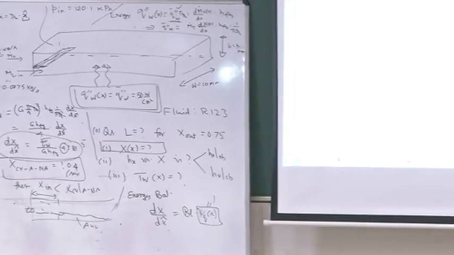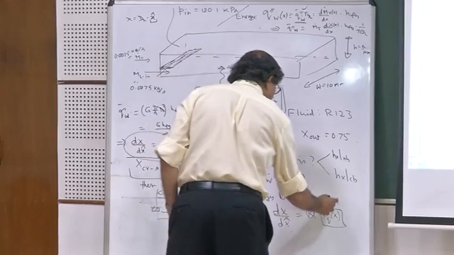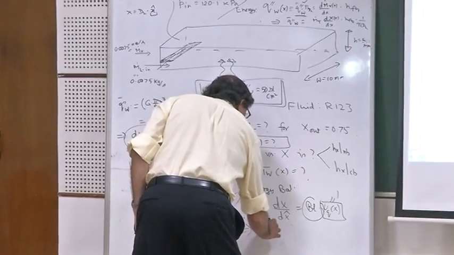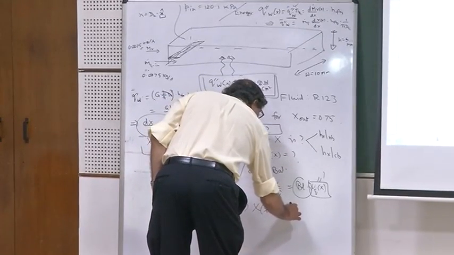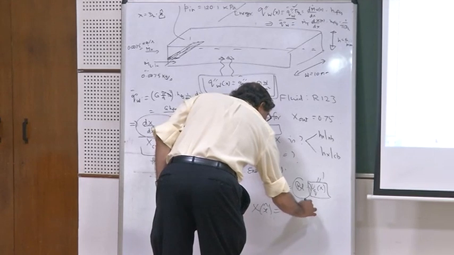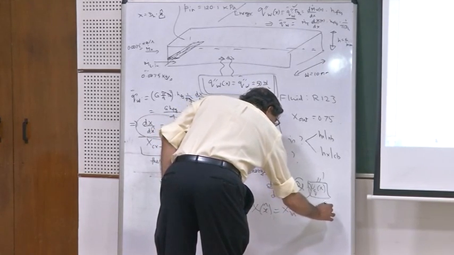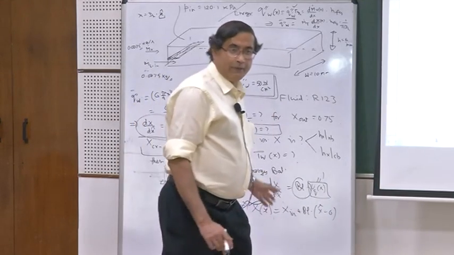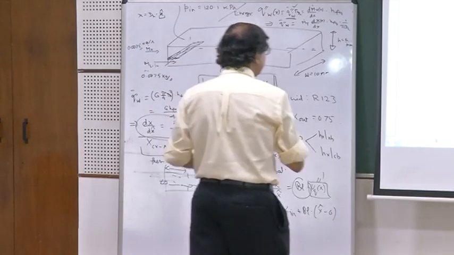So with that, now we have to solve this problem. So what are we getting? This is a constant. So this means x is equal to x in plus BL times x caret minus 0, and that is how quality varies linearly.